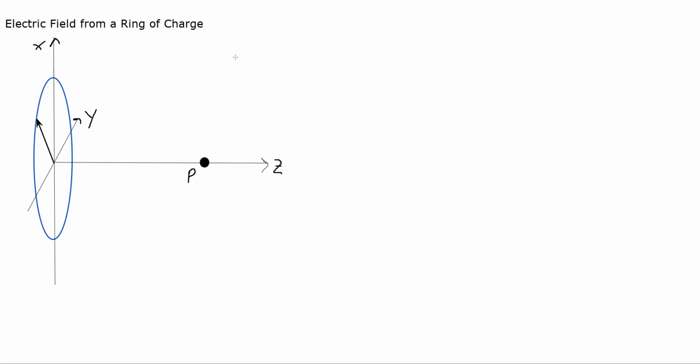So I'm going to put it here. This is a thin ring with a radius of R, and let's say it has a total charge of Q. That means that Q is spread out all across the ring.